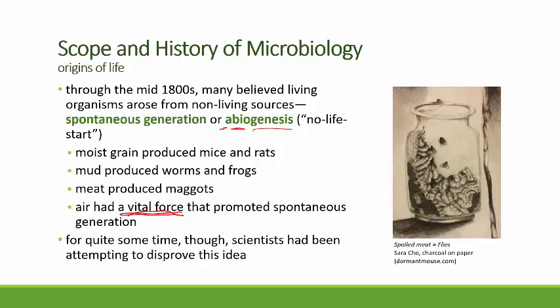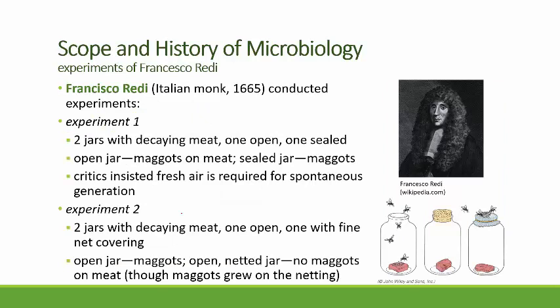Now, even though this was a held idea by many people, there were many who also did not think that this was the way that things had worked. And so for hundreds of years, scientists have been attempting to very conclusively disprove this idea. For instance, in 1665, an Italian monk conducted a couple of experiments.